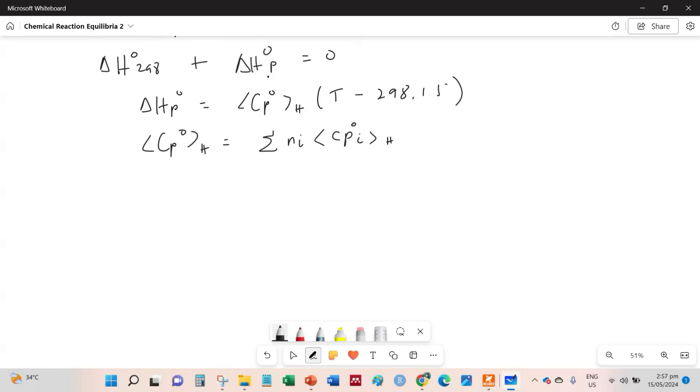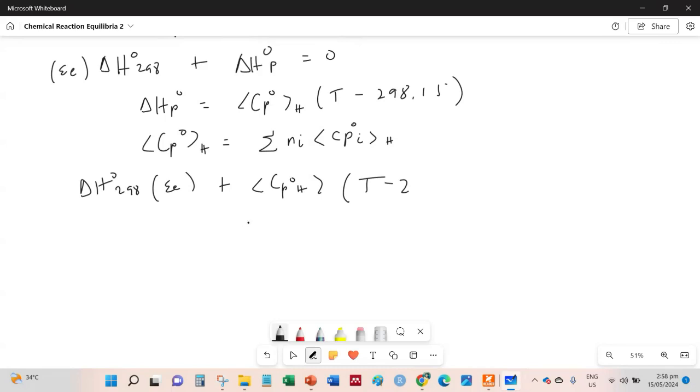Okay, so let's combine this equation back into the energy balance. So delta H should be multiplied by the reaction coordinate because it depends on the extent of the reaction, and then the mean CP times T minus 298.15 equal to 0. So now we can isolate T on one side of the equation.